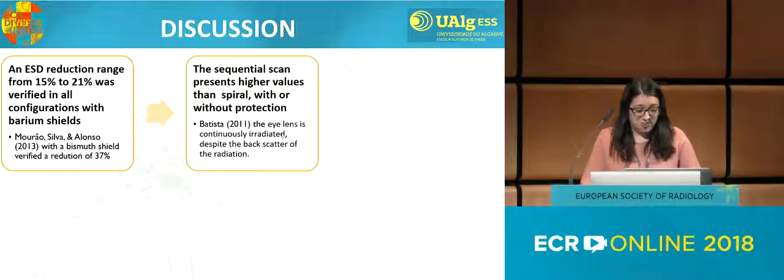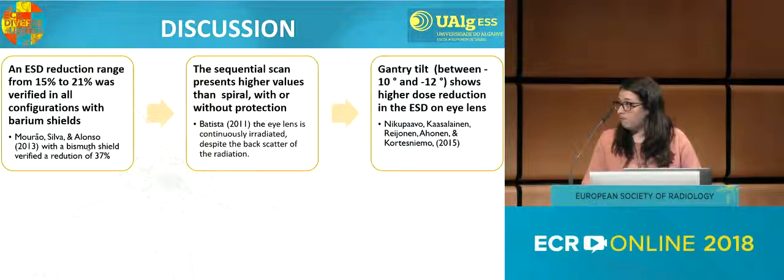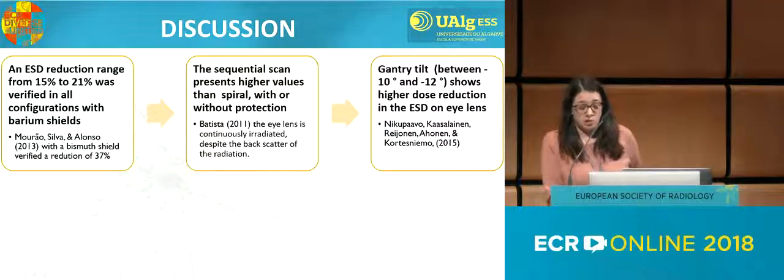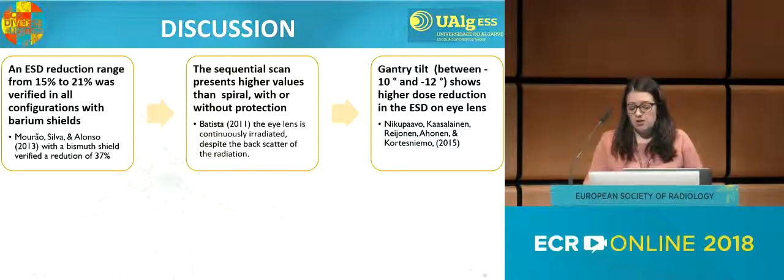Batista in 2011 saw that the eye lens is continually irradiated despite the backscatter of radiation. The gantry angle between 10 and 12 degrees shows higher values in ESD eye lens.